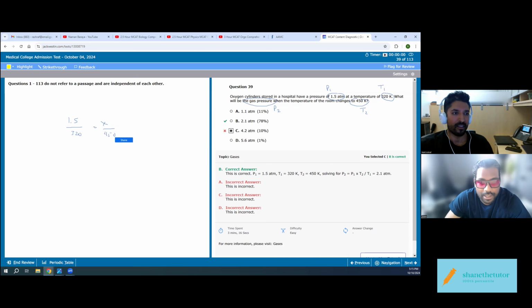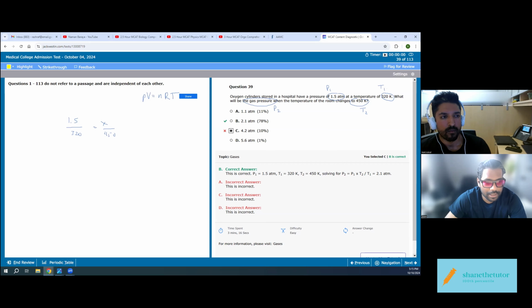Does any equation come to mind when you see these values? Initially I thought PV equals nRT. Yes, PV equals nRT, so we want the proportionality between pressure and temperature, because nothing else is changing here.